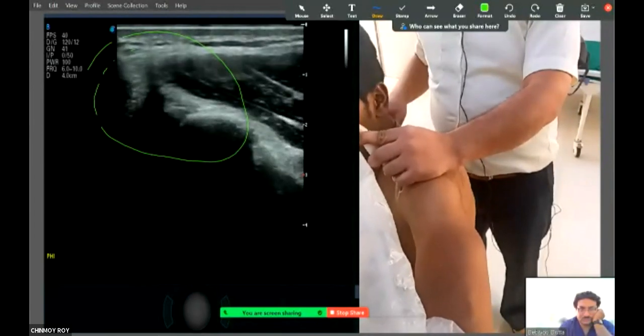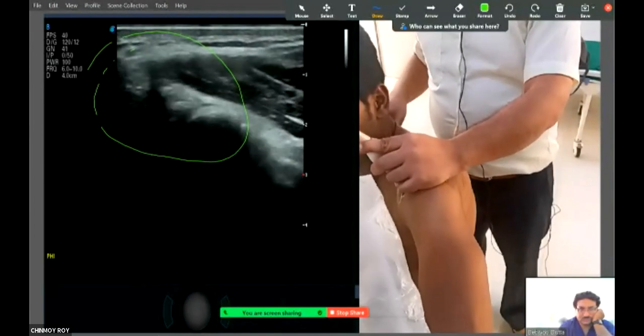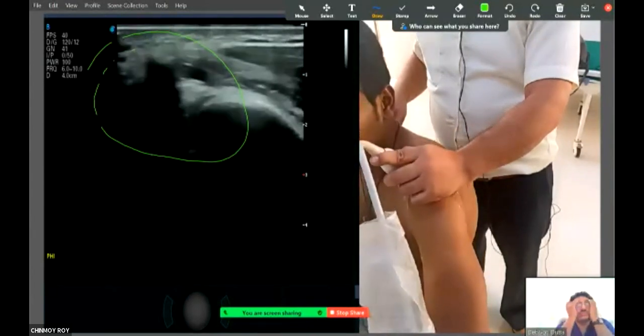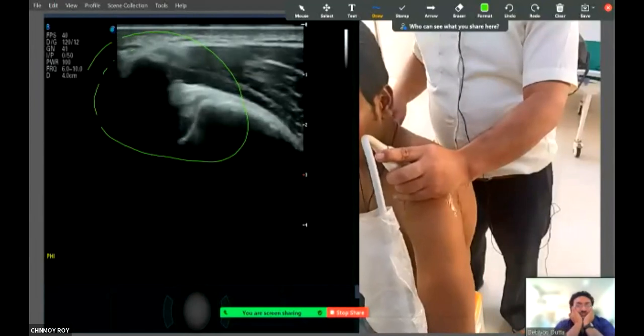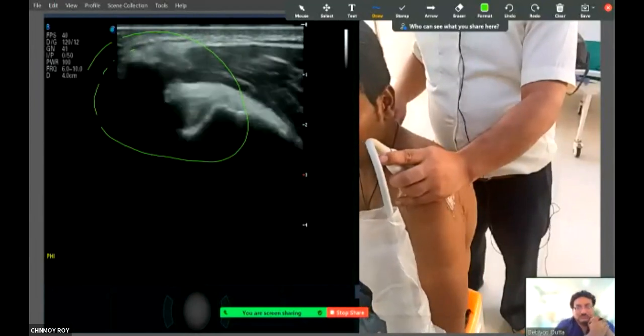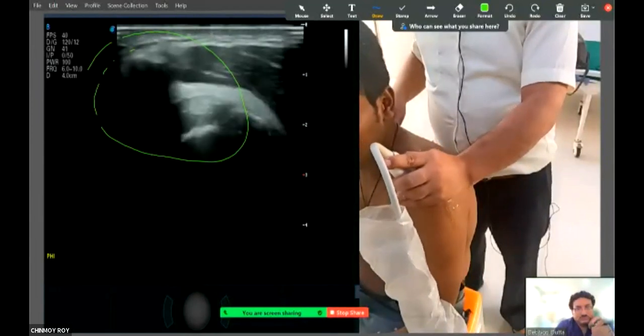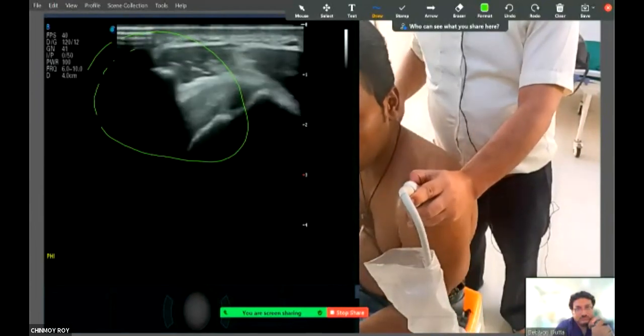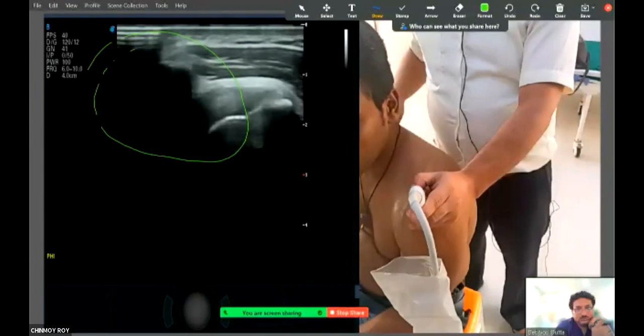That is the impingement syndrome. Come down gradually. So again it is coming out, and now it has come out. So that point is normal.